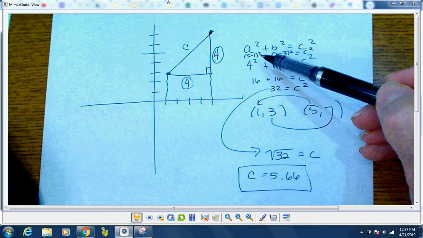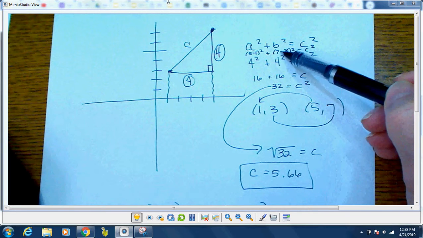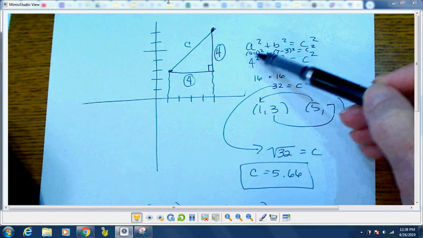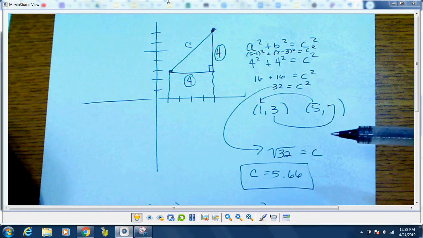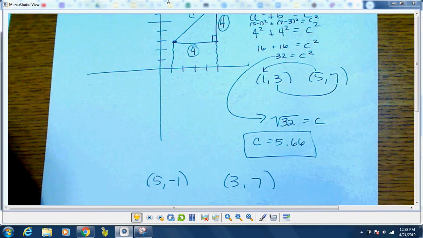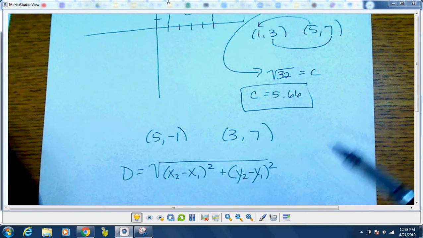So if we looked up here, that's x2 minus x1 squared plus y2 minus y1 squared equals c squared, because we just substituted those in for a and b, just like Pythagoras. And then to figure out what c was, we took the square root of everything. So the distance formula is this.